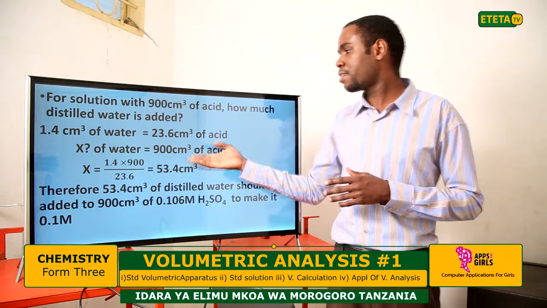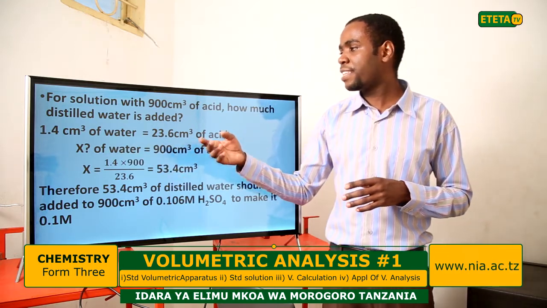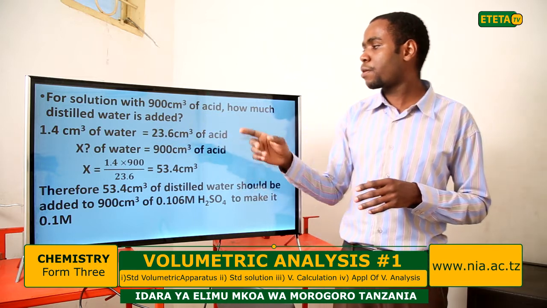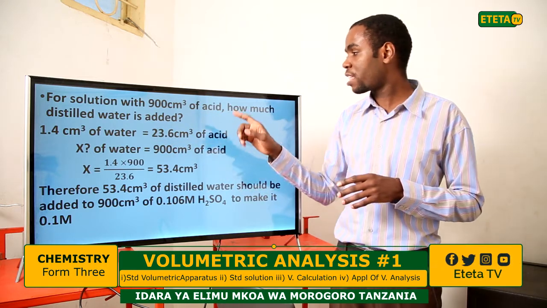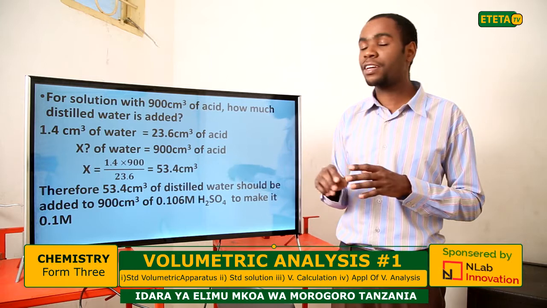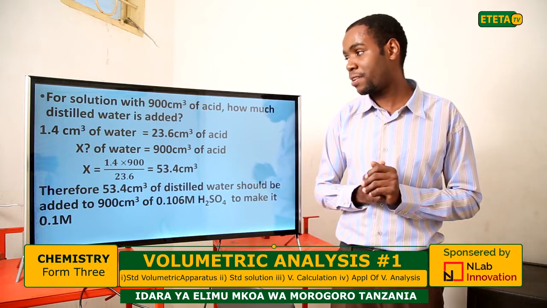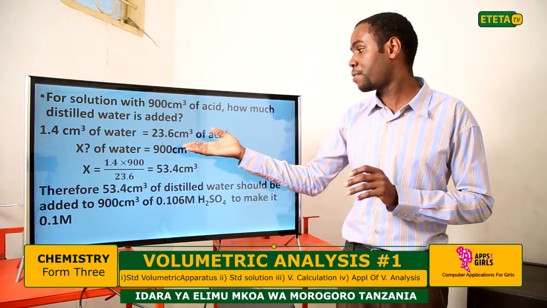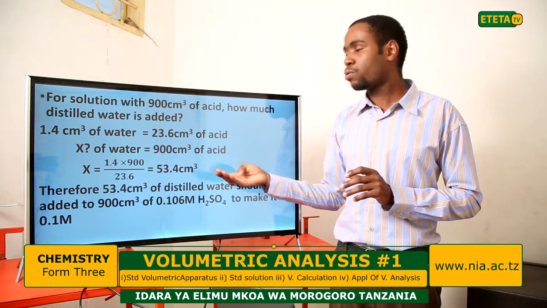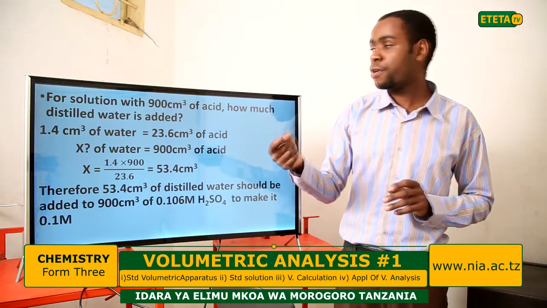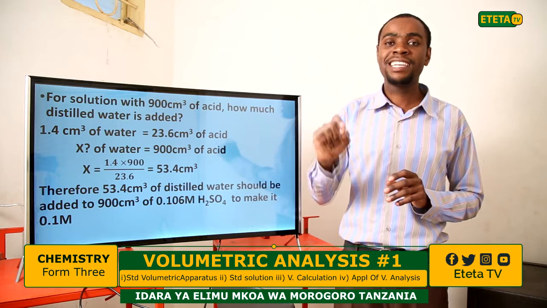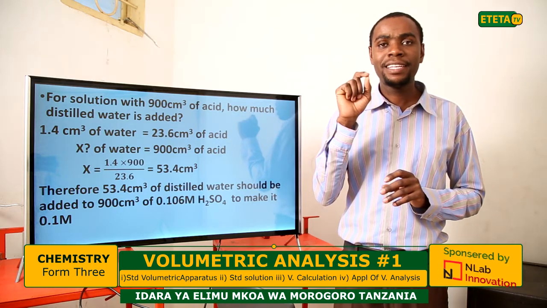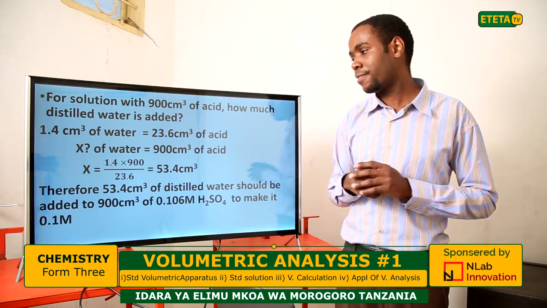We have seen here 1.4 centimeter cube of distilled water should be added to 23.6 centimeter cube to make it 25 centimeter cube. Now this relationship here we use for the amount of acid which you have in order to make it exactly 0.1 molarity.